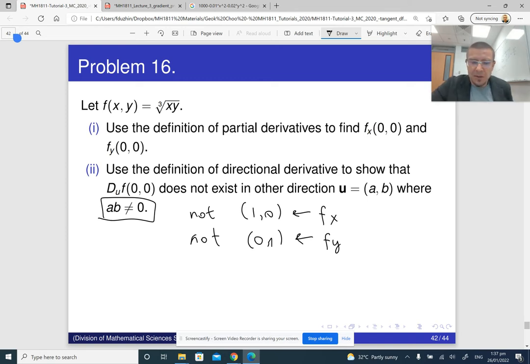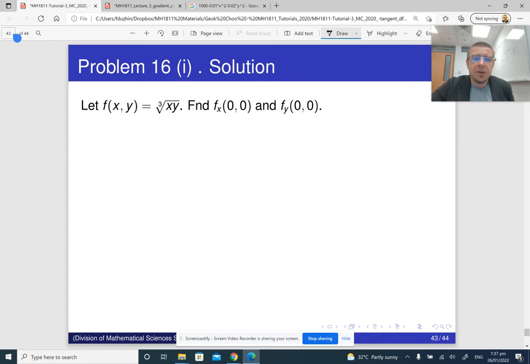All right, so let me explain how to do it. First, we need to use the definition of partial derivatives to find partial derivatives with respect to x and y. So how do we find fx of 0, 0? By definition, we take f, then we substitute 0 for y. It's going to be the function f of x and 0.